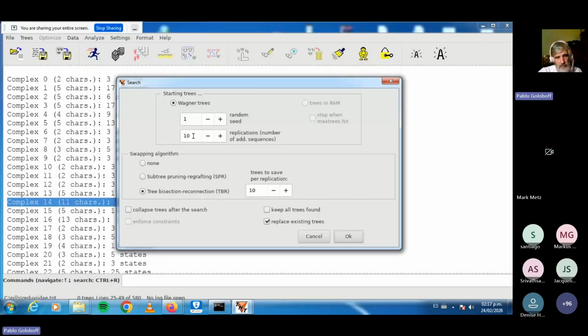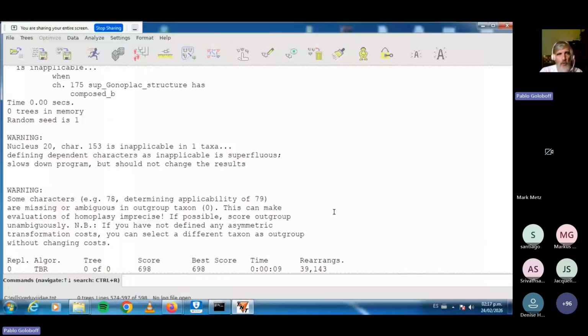So if I say run one replication of a Wagner tree plus TBR, saving a single tree, you can still see me. Are you seeing my finger? Yes. Okay. So we're doing the search there, but you can see that the search goes way slower than with standard characters. But that is the only way to take into account the interdependencies of 11 characters at the same time, right? So what's slowing TNT down a lot in this case is mostly that one character complex.